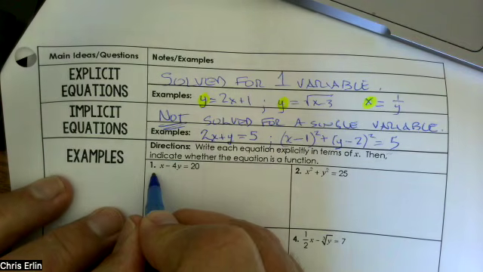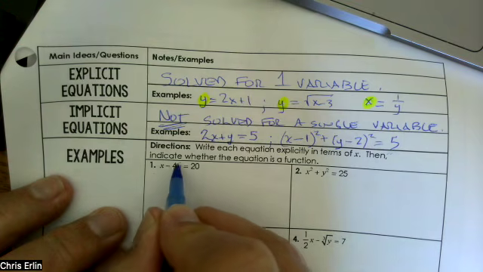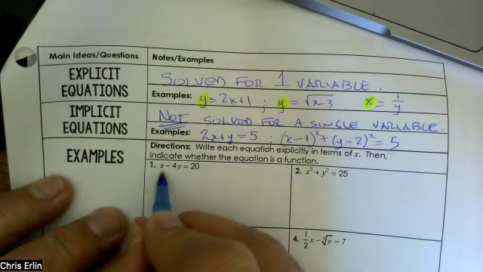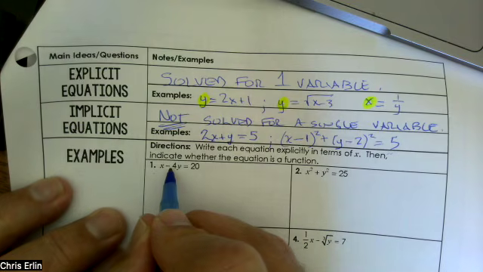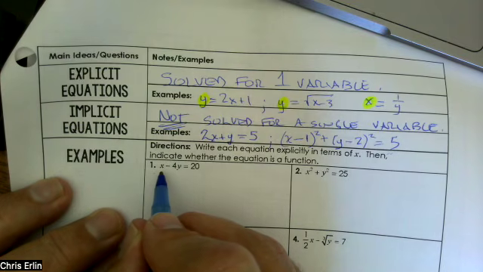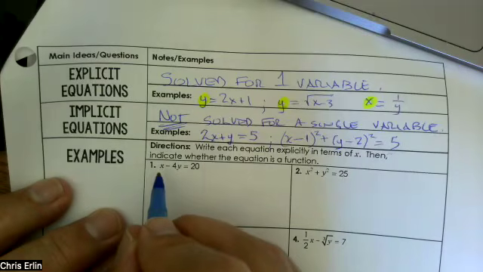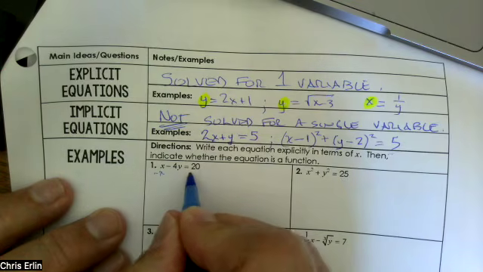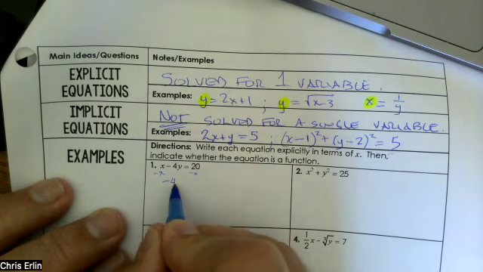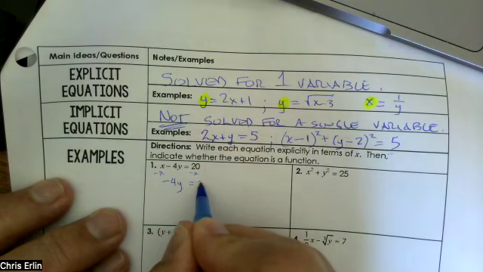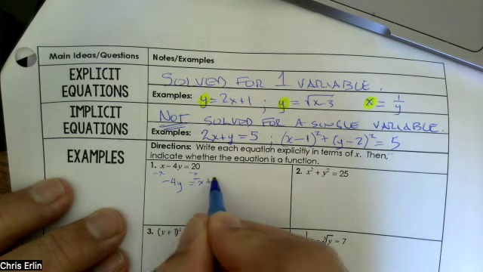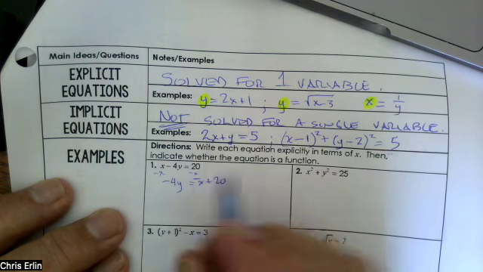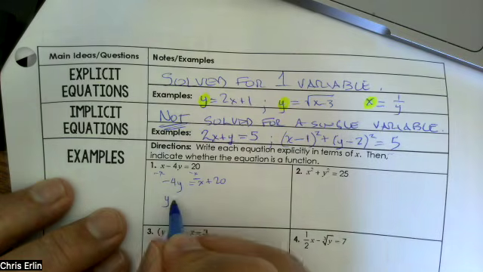So what would I do first? That's going to solve it for x. I want to solve it for y. And I'll show you how that means in terms of x in a moment. I'm going to subtract the x. So I get negative 4y equals negative x plus 20. And then I'll divide by the negative 4.